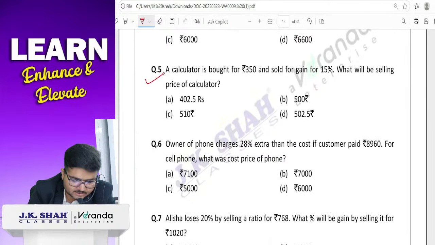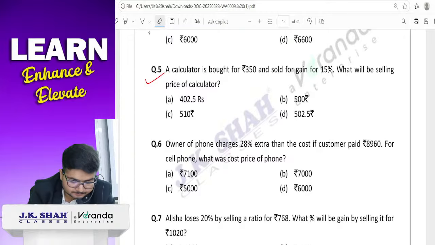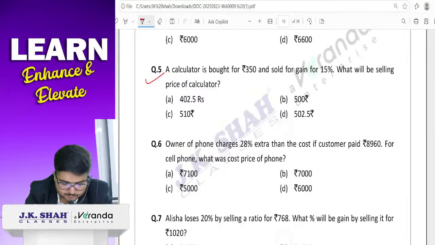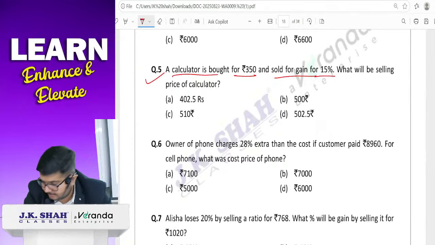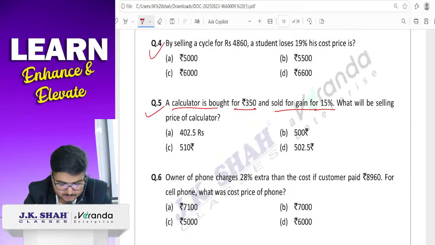First we will do question number 5, that is the calculator sum. What is the sum trying to tell you? A calculator is bought for 350, sold for 15% gain. If you understand carefully what the seller must have done, he bought for 350, right? Now he got a profit of 15%.